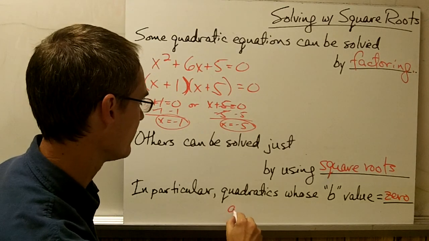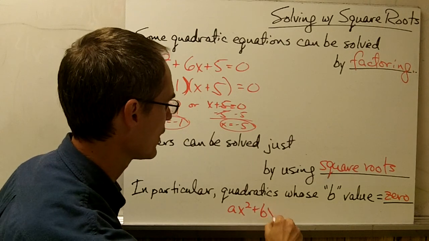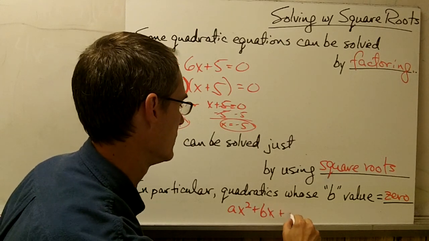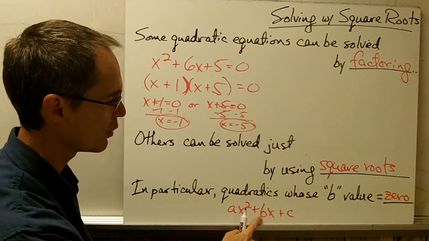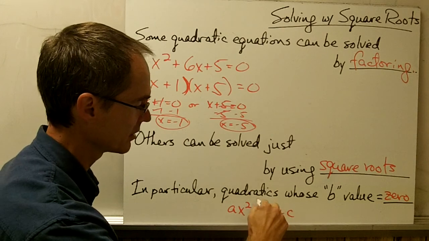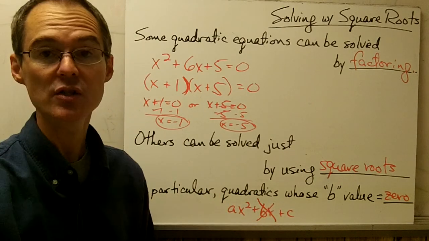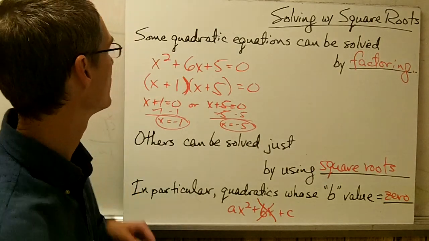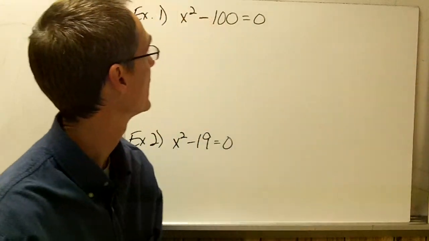Remember, a standard form of a quadratic expression looks like this: ax squared plus bx plus c. Well, when this b value is equal to 0, so you don't have this middle term here, then you can solve the quadratic equation using just square roots. So let's take a look at a couple of examples like that.